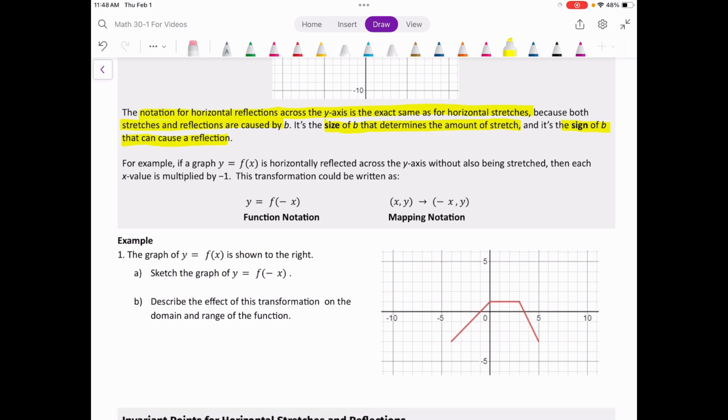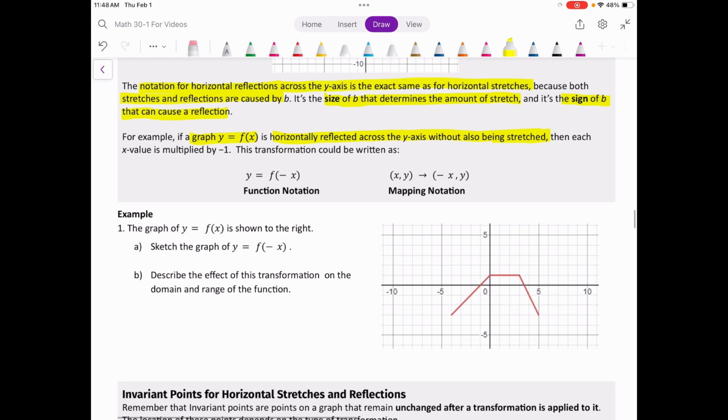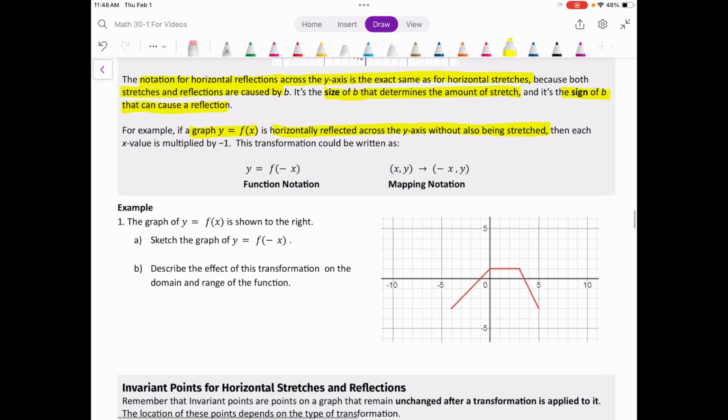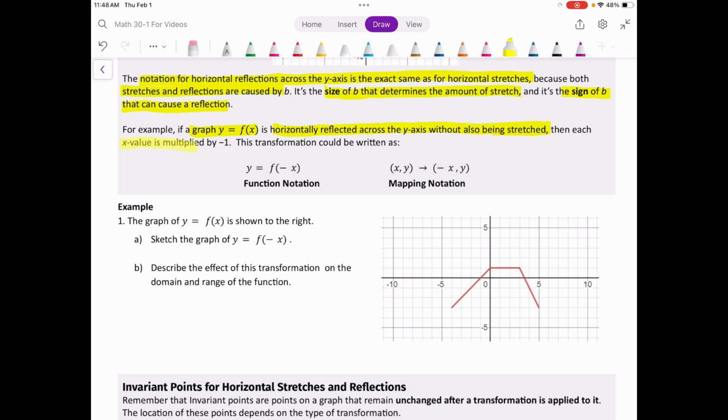So for example, just to look at the notation, if a graph y equals f of x is horizontally reflected without also being stretched, and we will see today cases where it is also stretched, then that just means every x value is multiplied by -1. b is -1. So we multiply every x value by 1 over -1, which is still just -1.